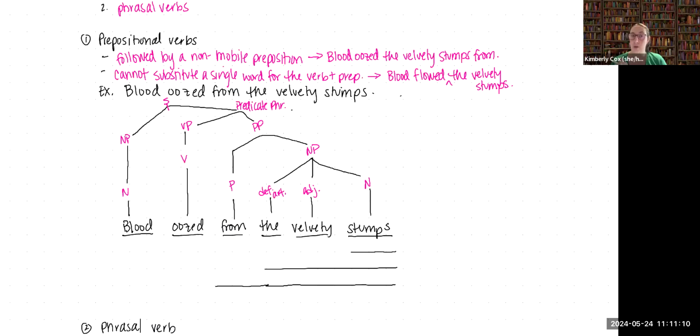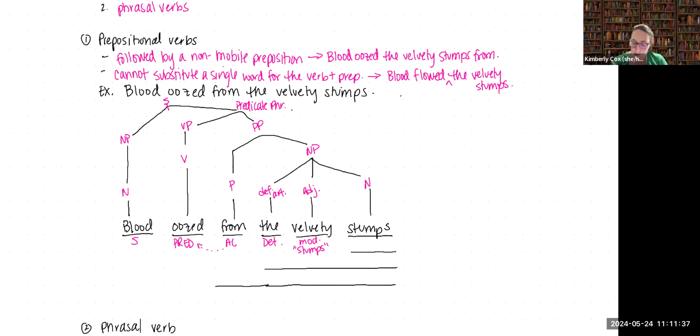So let's talk a little bit about the functions. Blood is our subject, oozed is our predicate, right? From here functions as an adverbial complement. That means that it is essential or attached to our predicate. The functions like a determiner. Velvety modifies stumps. Right?